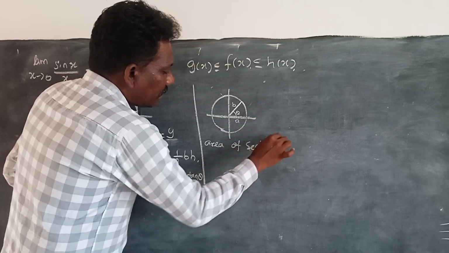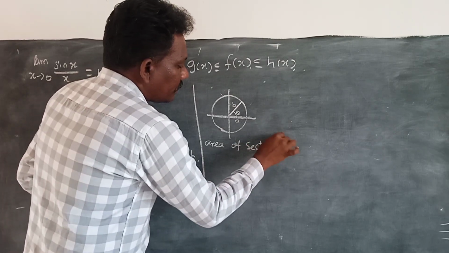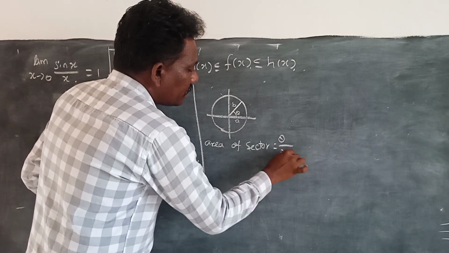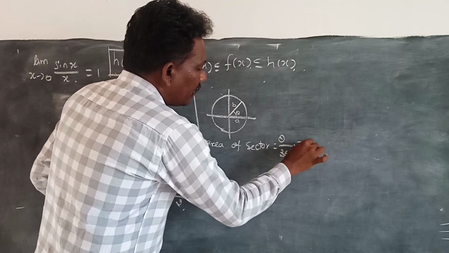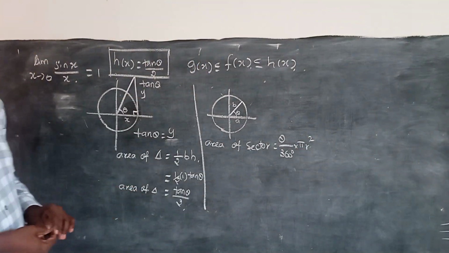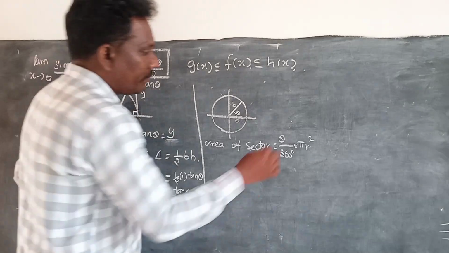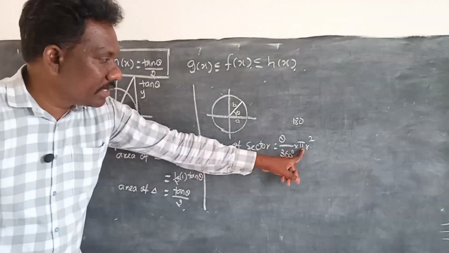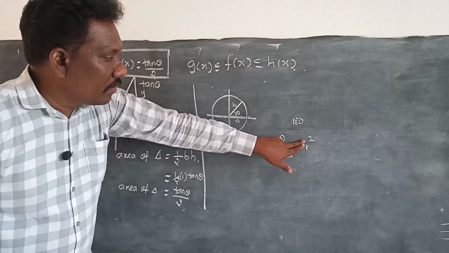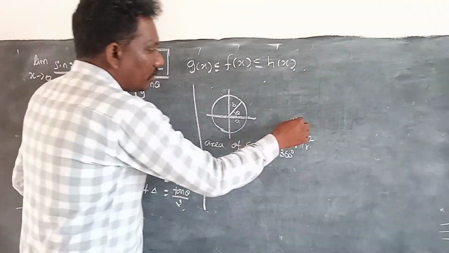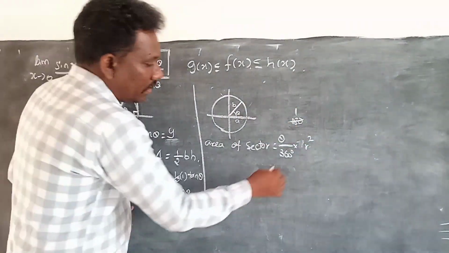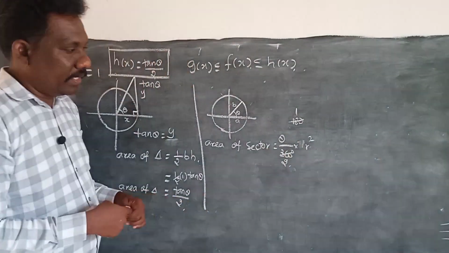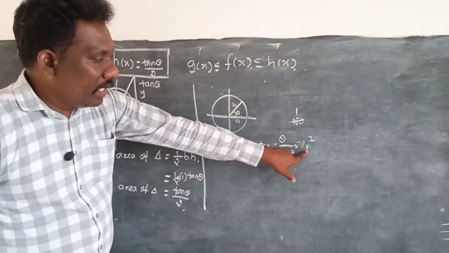Area of sector is theta by 360 degrees times r square. What is my pi? Pi is 180 degrees. If I replace pi with 180 degrees, I can cancel this: 1 times 180 in here, 2 times it is 360. So now what is remaining? R square.